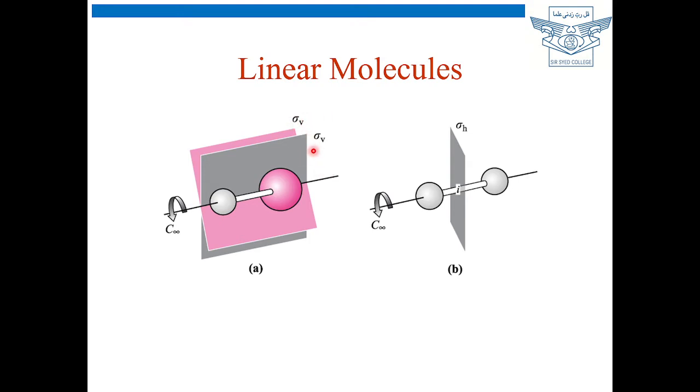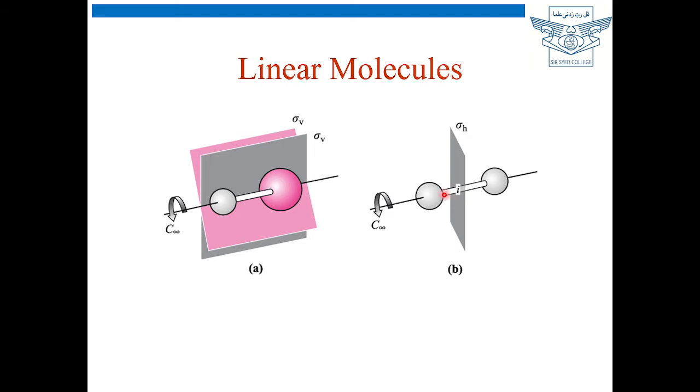So there are numerous vertical planes, right? Infinitely many vertical planes are there. And that's why the principal axis here is C infinity, because infinitely many times you can rotate it and you will get the original molecule itself. So here also it is having C infinity, but here this is a vertical plane, this is a horizontal plane. Why so?